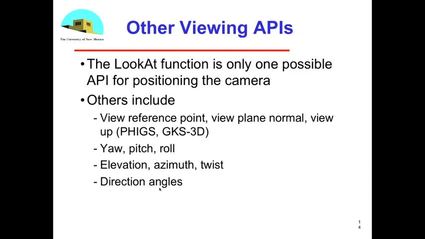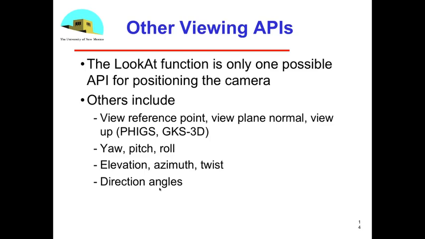Just finally to mention, there are a few other ways to do this. You can actually reduce any of these to this look at kind of model. I mean, most people who do graphics really like the look at idea because it's very natural for a viewer. But there are others that come back from other systems.